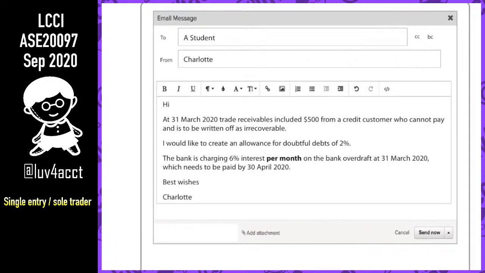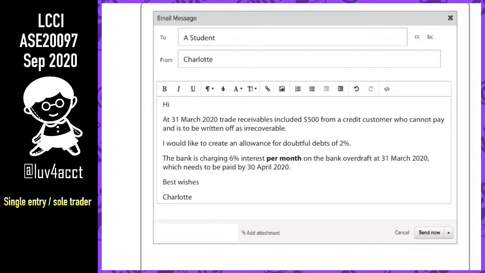At 31st March, that is the closing date, closing balance, trade receivables included 5,500 from a credit customer who cannot pay and is to be written off as irrecoverable. I would like to create an allowance for doubtful debt of 2,000, 2%.